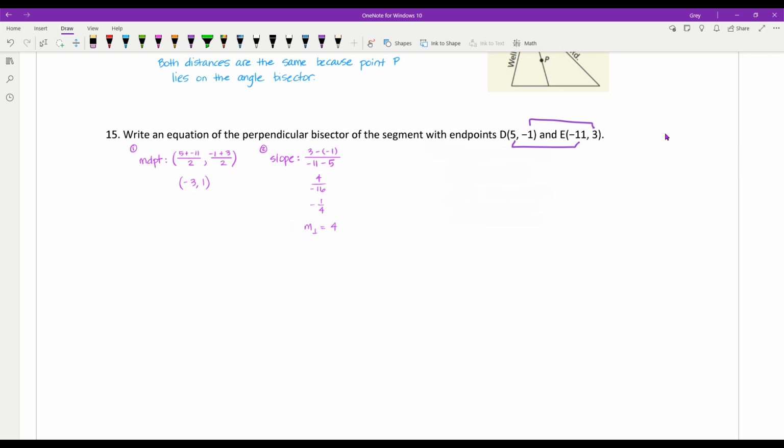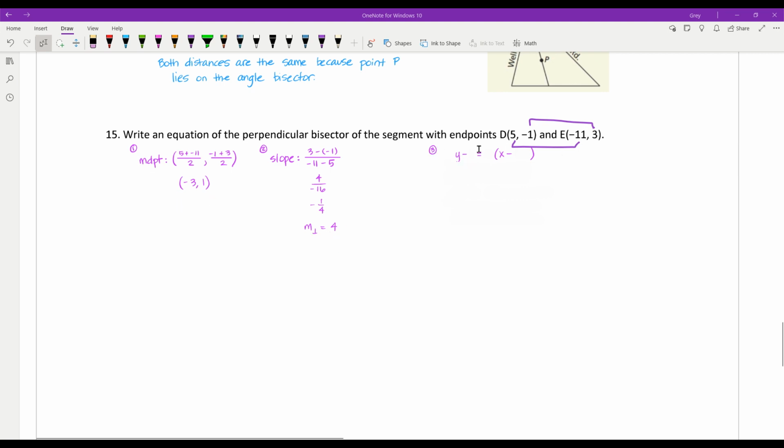And now I'm going to go write the equation of my line, which is point slope form. Y minus the y coordinate equals the slope times x minus the x coordinate. So it does not matter which point I chose. We're writing the equation of the line with this point and this slope using point slope form.